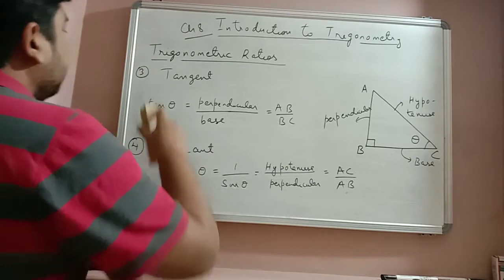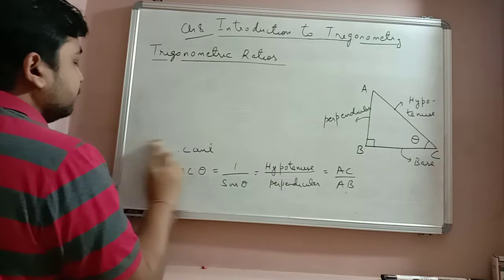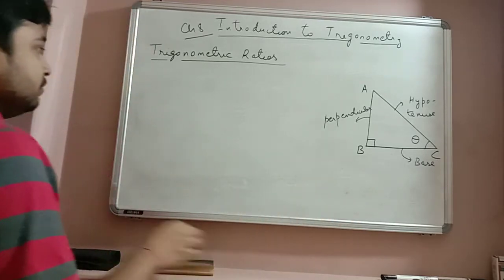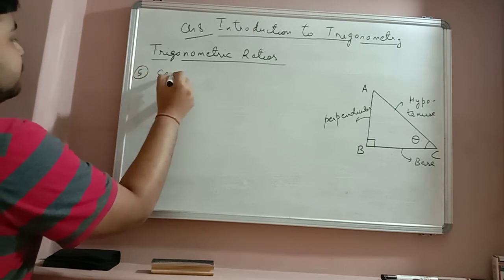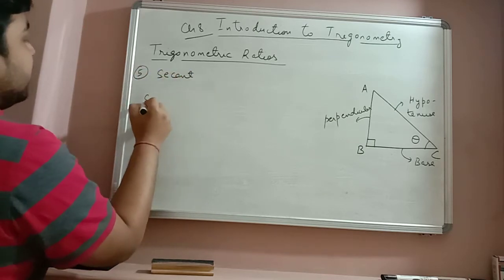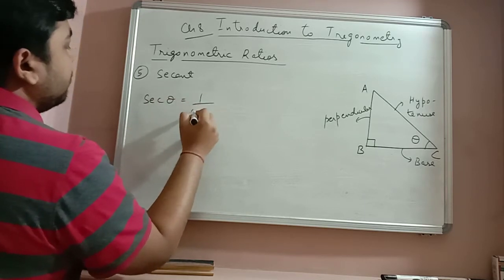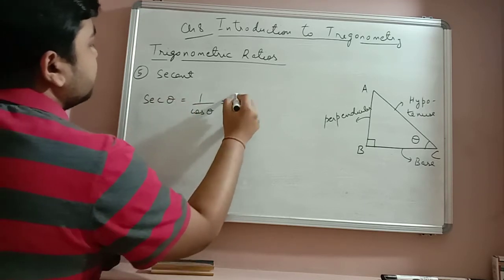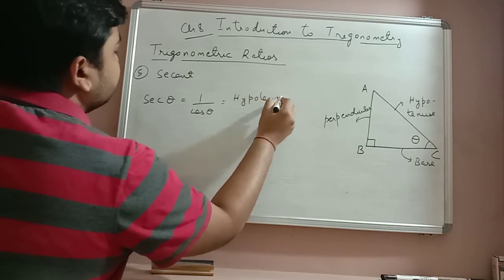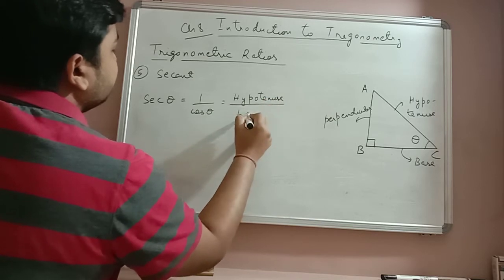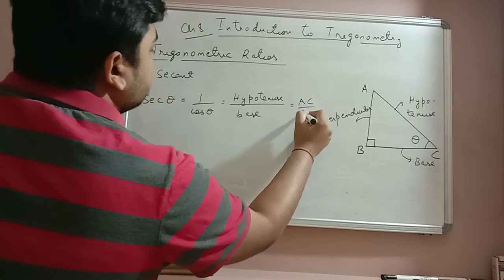So let's take up the fifth ratio, that is the secant ratio, abbreviated as sec theta. This will be given by 1 upon cos theta, and this will be hypotenuse upon base. So hypotenuse upon base will be given by AC upon BC.